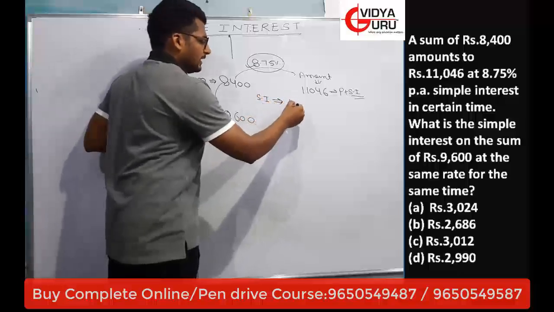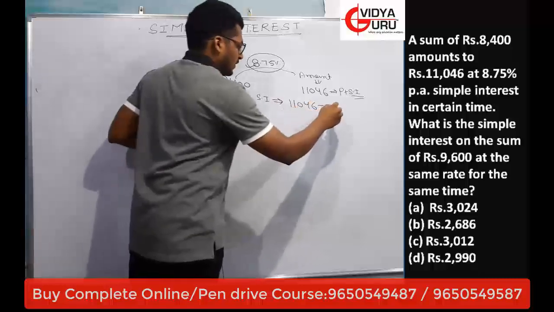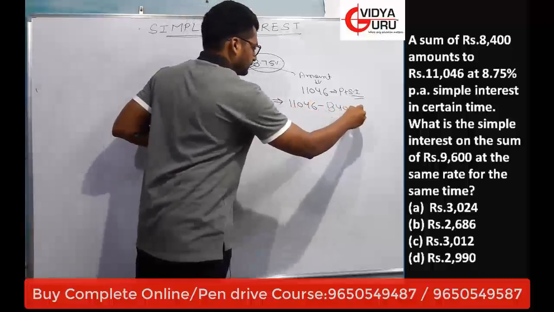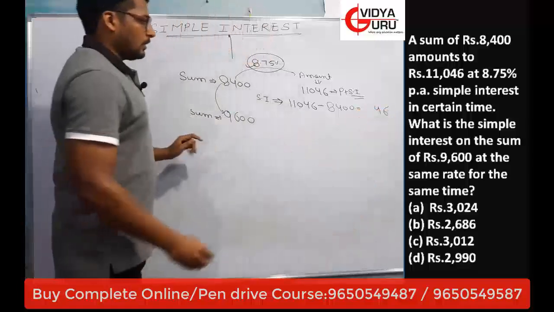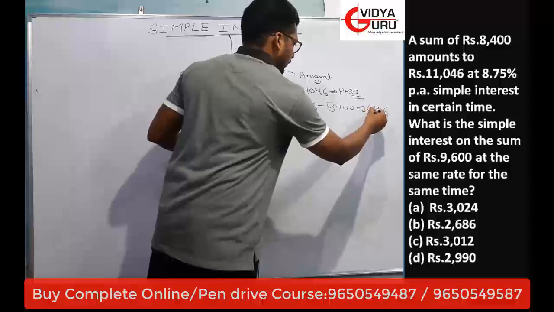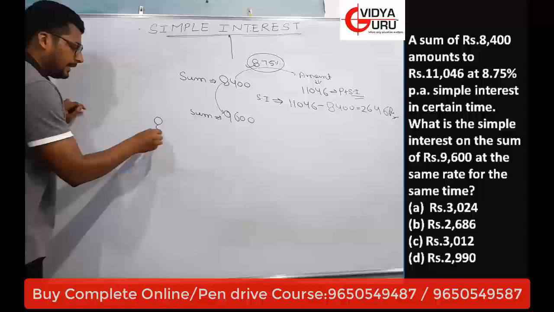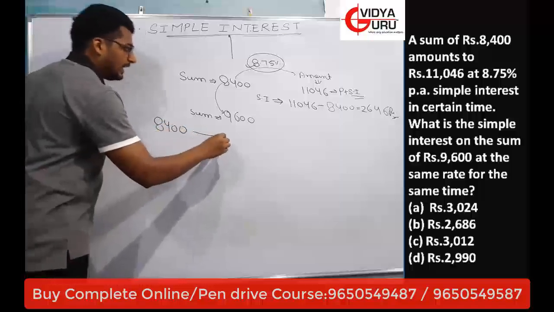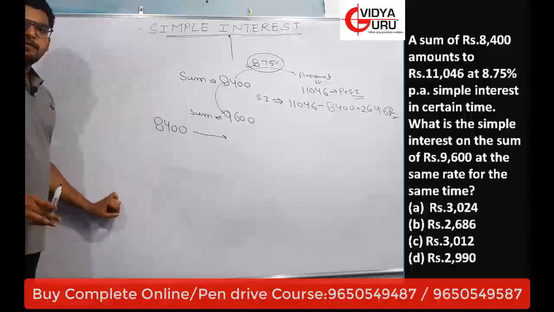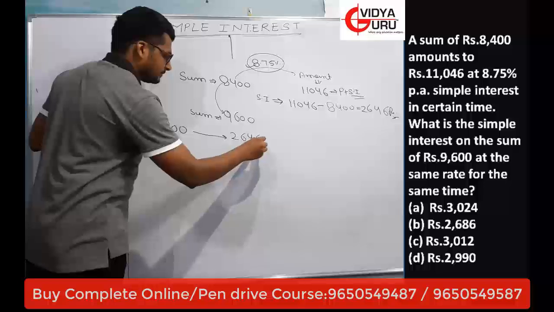If I subtract sum from the amount, it will be 2646 rupees. That means on 8400, SI for a certain time at 8.75% rate is 2646.